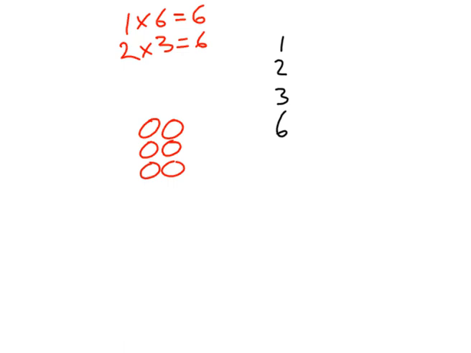When we have more than just 1 and itself as the factors, we have what's called a composite number.